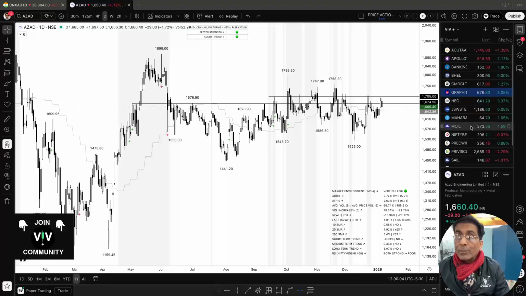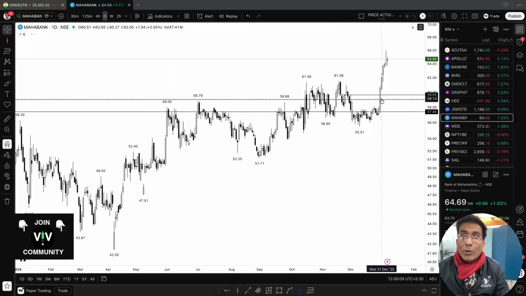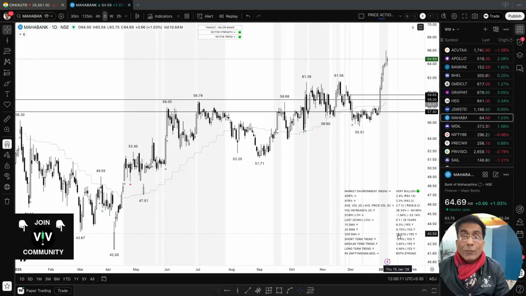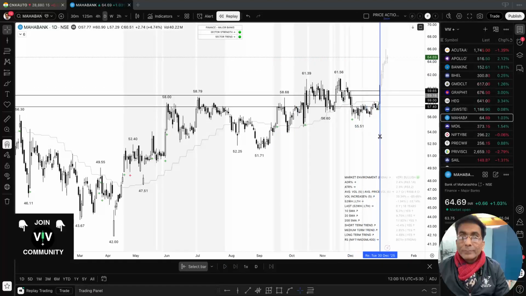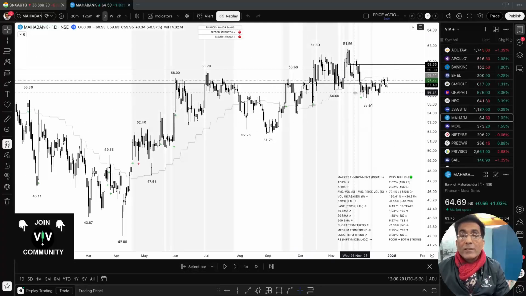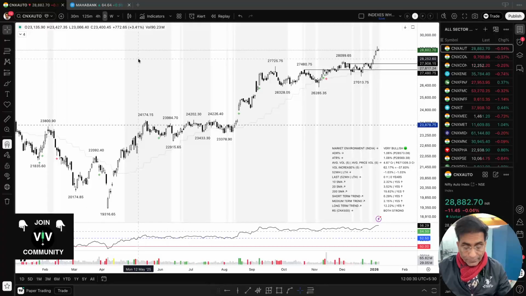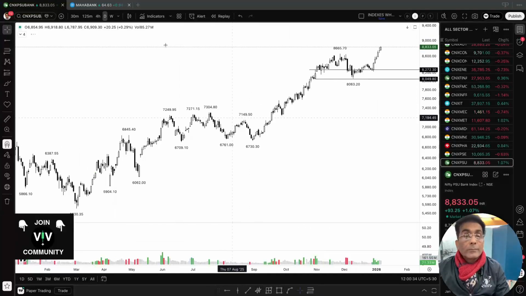Let's see some other example also, like Maharashtra Bank. I bought it on this day. Why? The same story. If we look here, this was the situation. You can see that at that time the index, the PSU bank, was a little weak.